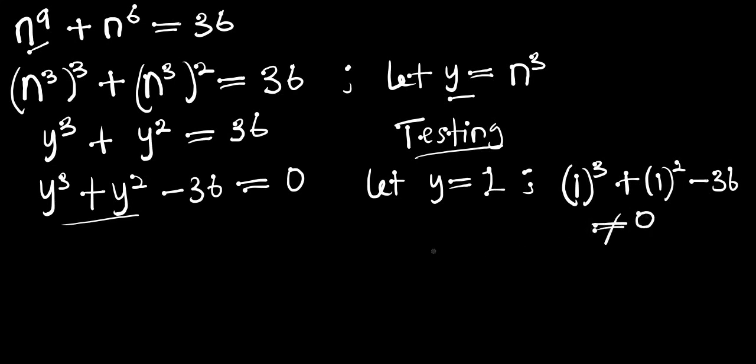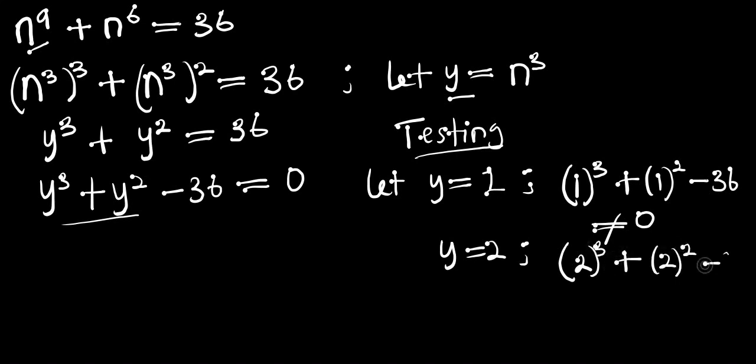So when y is equal to 2, we consider again, we have 2 power 3 plus 2 power 2 minus 36, and this is not equal to 0. So we go again.